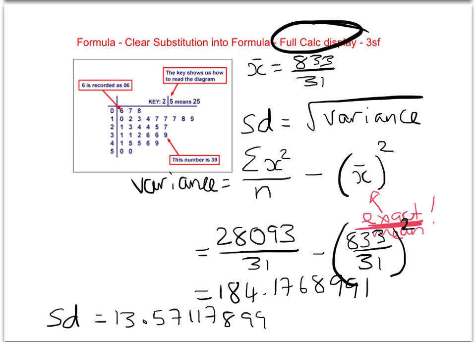That's my full calculator display, and so that's 13.6 to 3 significant figures. So that means on average, the data deviates, moves away from the mean by an average of 13.6. That's the average deviation, the standard deviation from the mean. The average difference between a randomly chosen piece of data and the mean is 13.6.